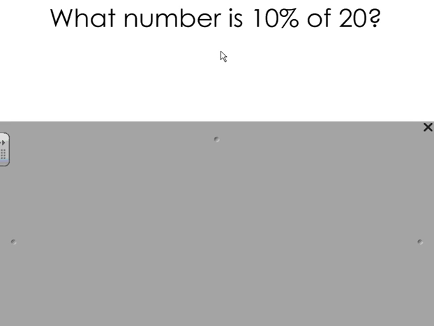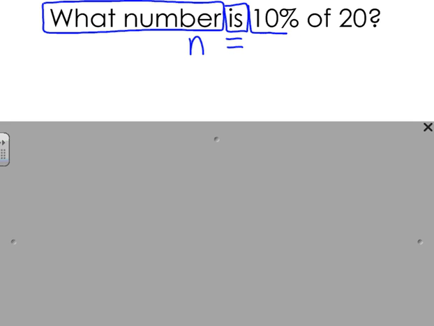So for number 1, what number, I can use a variable, is, use an equal sign, 10% is 10 hundredths of, is multiply, and the number 20. So n equals 10 hundredths multiplied by 20.